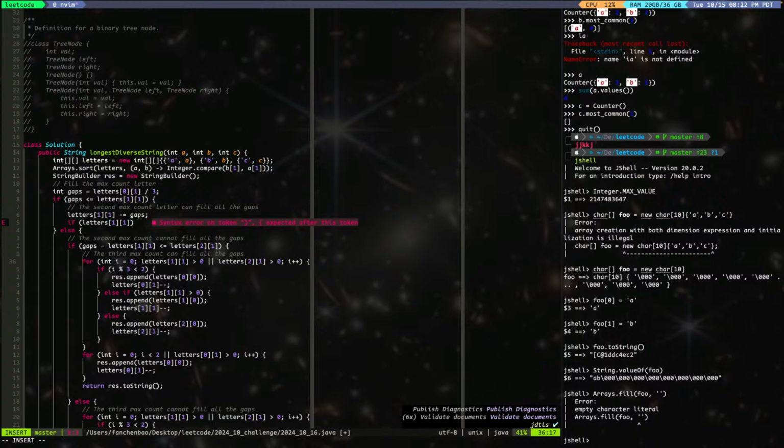Alright, so we're gonna tweak this a little bit. So this is saying, we do this, but it's the third can fill all the gaps. But the first, so the gaps minus this, minus the second one, and we have some third one left, right? So we have some third one left. But is that the best use?